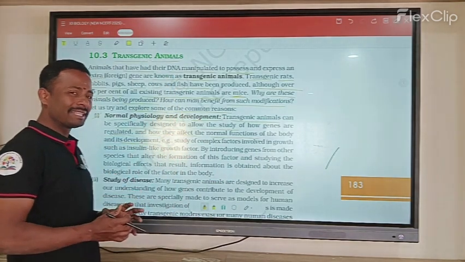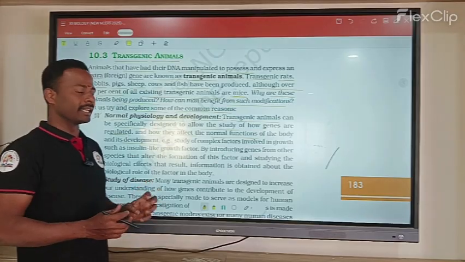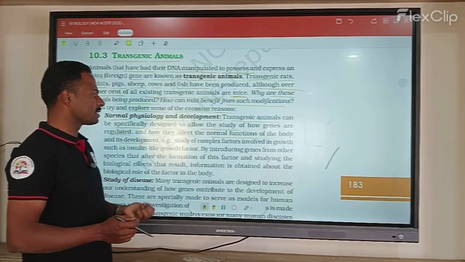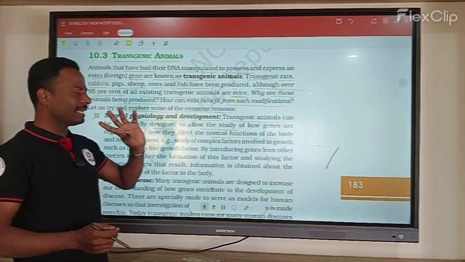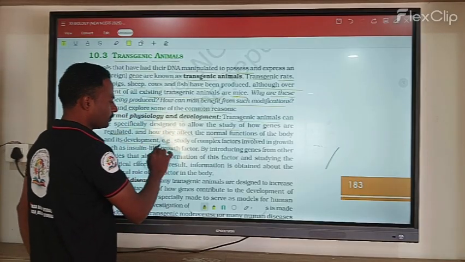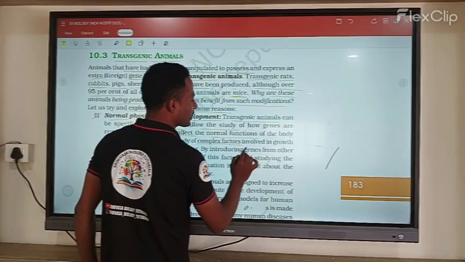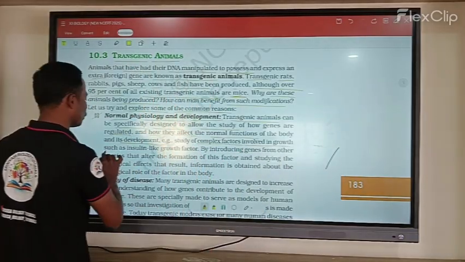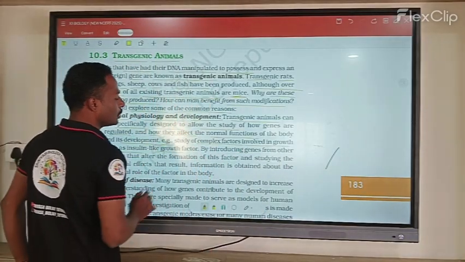So we can easily study normal functions and identify characteristics. Let's give an example: the study of complex factors involved in growth, such as insulin-like growth factor.